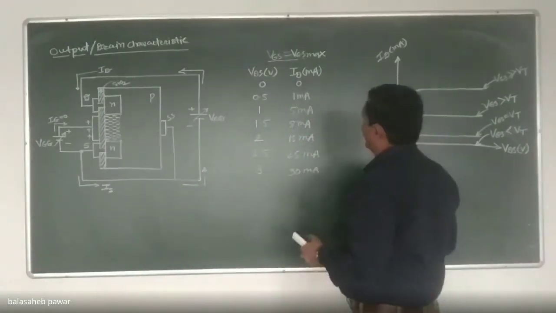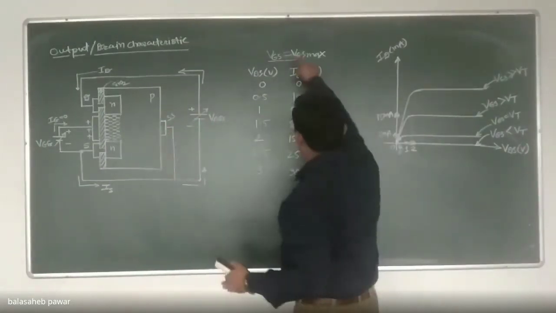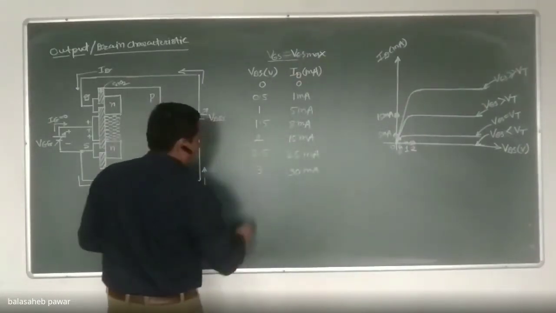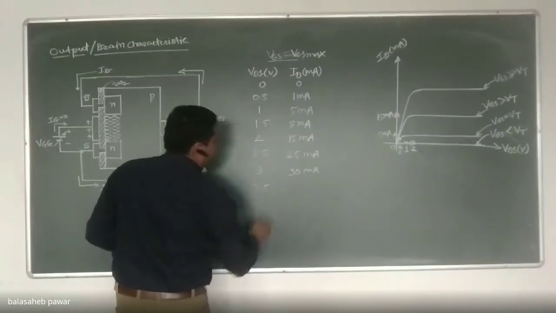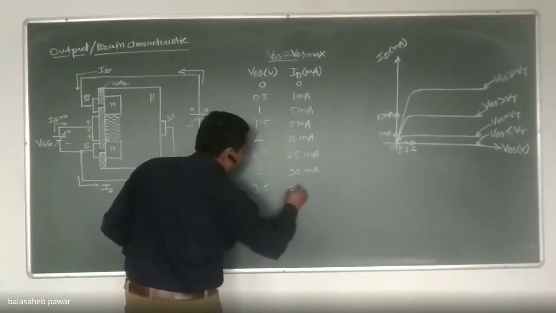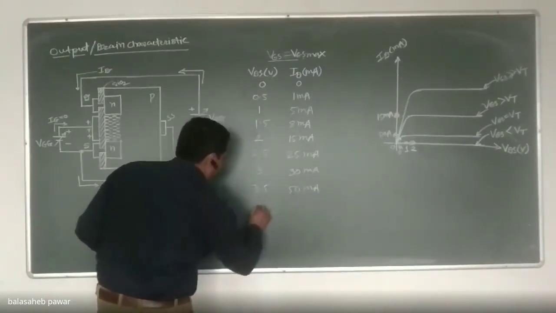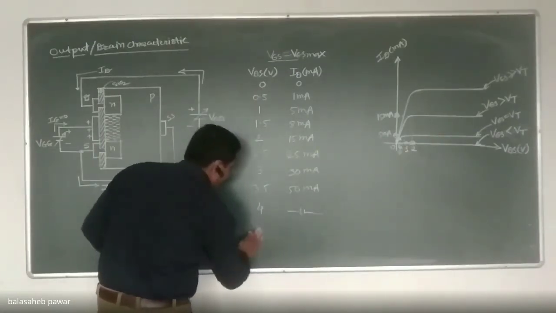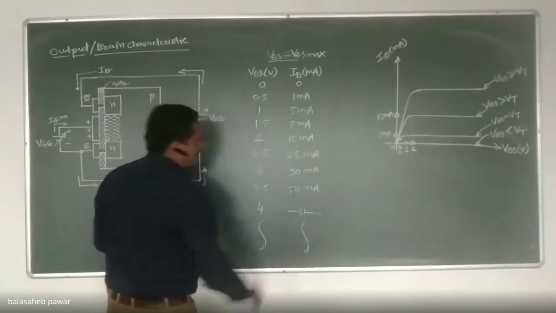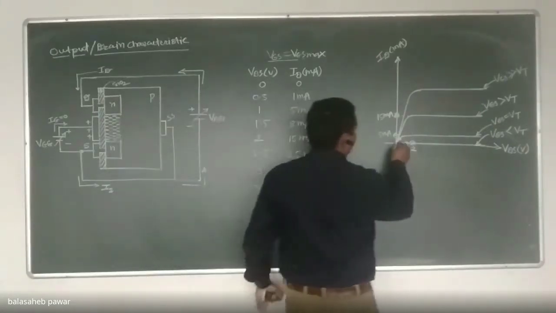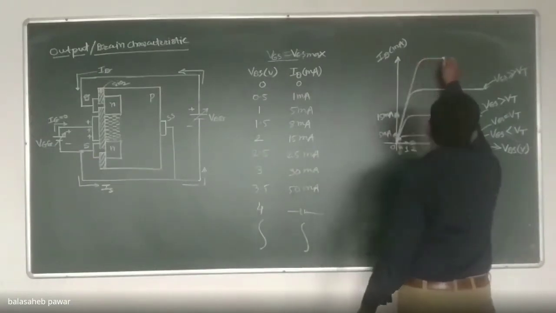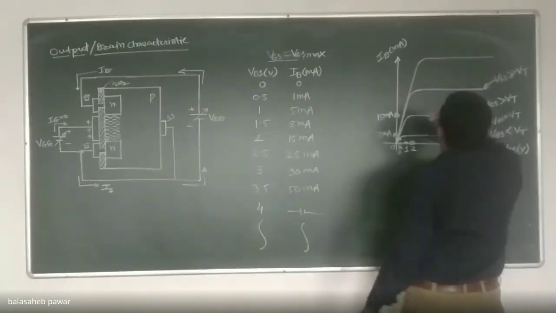And hence, by keeping it again constant, if I increase this VDS with the same step size, what will we observe? Beyond 30 milli, that current may get increased to 50 milli, and later on, it may remain constant. But the constant value will be greater than the previous cases. And that's why I can plot that curve like this. Okay.